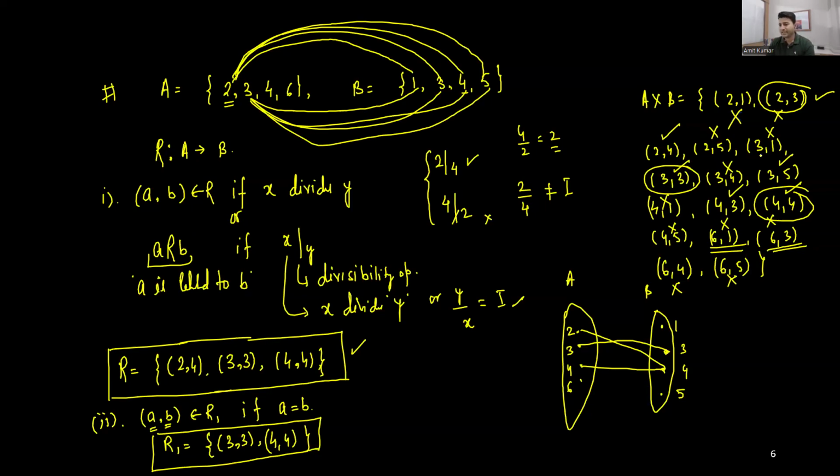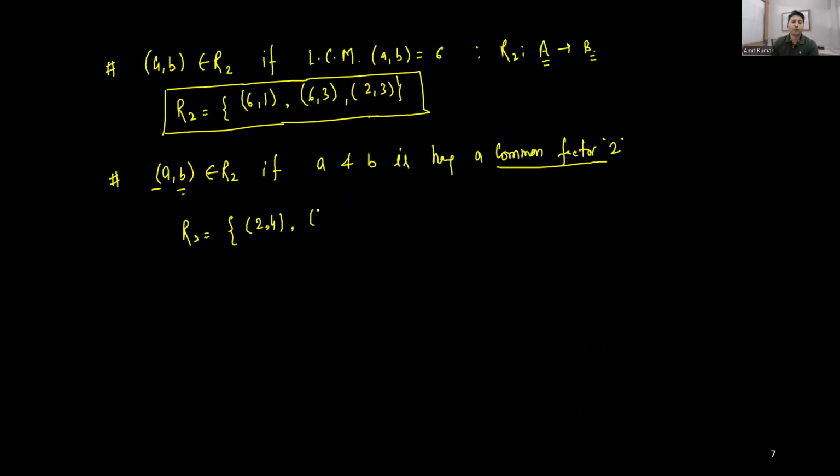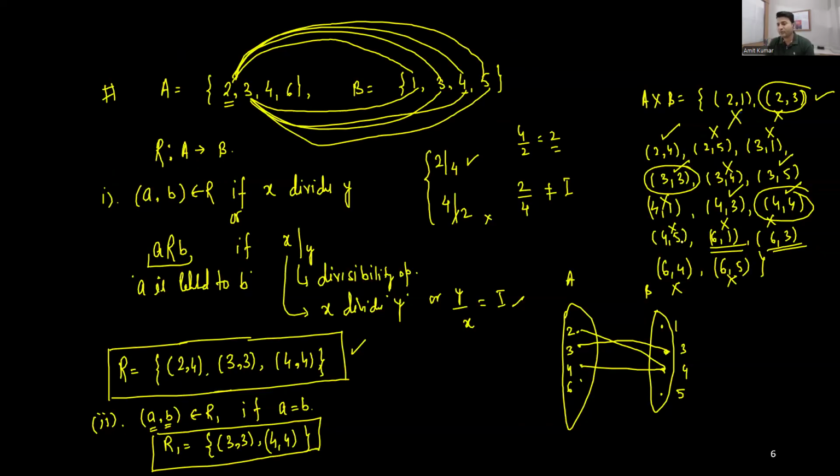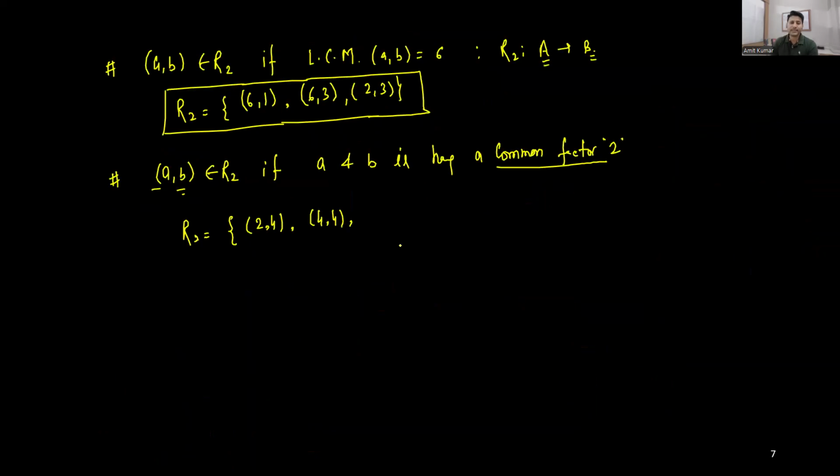In the same manner, let us see 3, 4, 3, 5, 4, 1, 4, 3, 4, 4. Yes, 4, 4 is also having 2 as a common factor. Then 4, 5, 6, 1, 6, 3, 6 comma 4 will also be there because 6 comma 4 is also having 2 as a common factor.